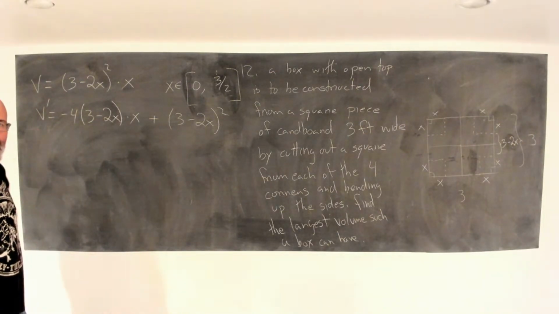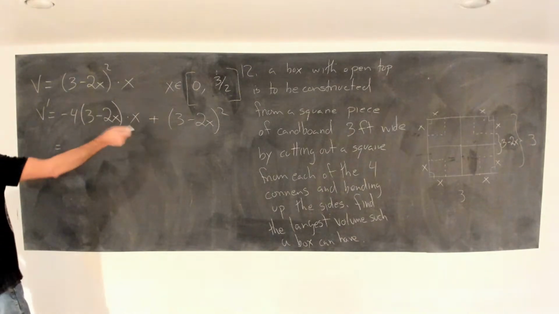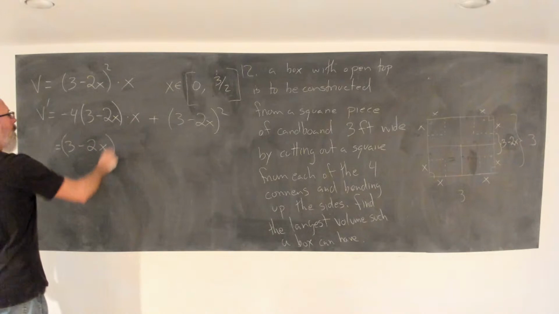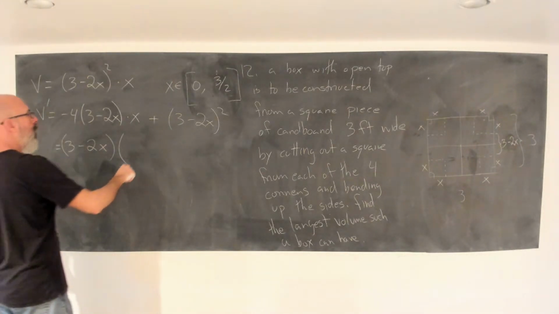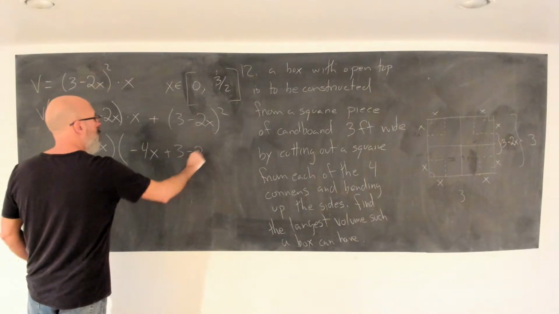There it is. And let's factor out a 3 minus 2x, leaving us with minus 4x plus 3 minus 2x.